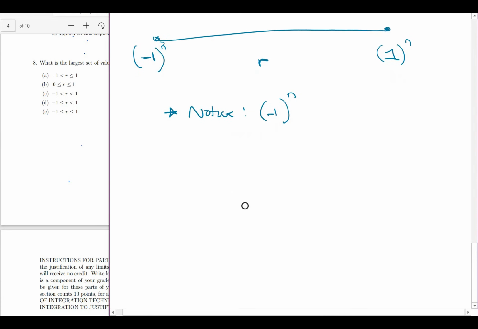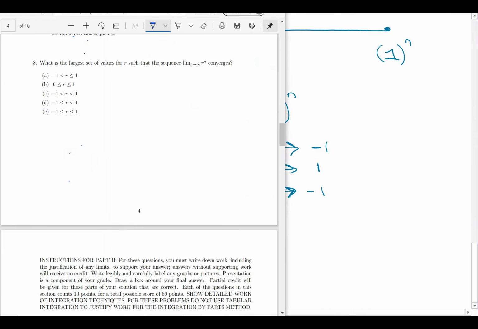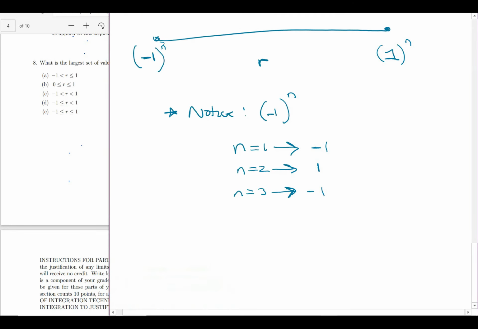So if n equals 1, we get -1. N equals 2, we get 1. N equals 3, back to -1. So this keeps oscillating between -1 and 1. So therefore it's not really going to ever settle anywhere. And then 1 to the n equals 1.